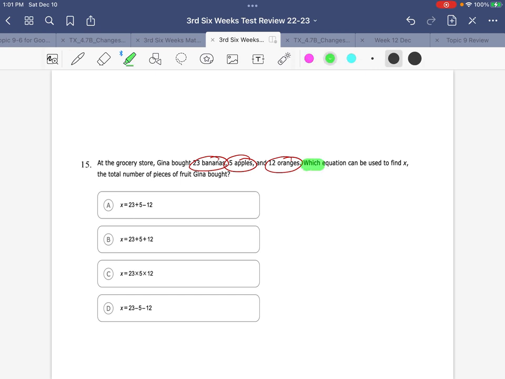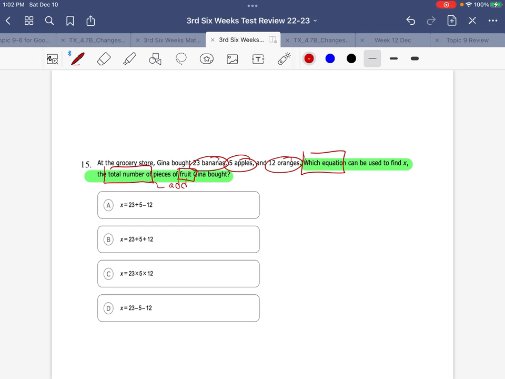Underline my question. Box in my keywords, which equation, total number, and it's looking for fruit. Okay, so total number tells me that I might add.